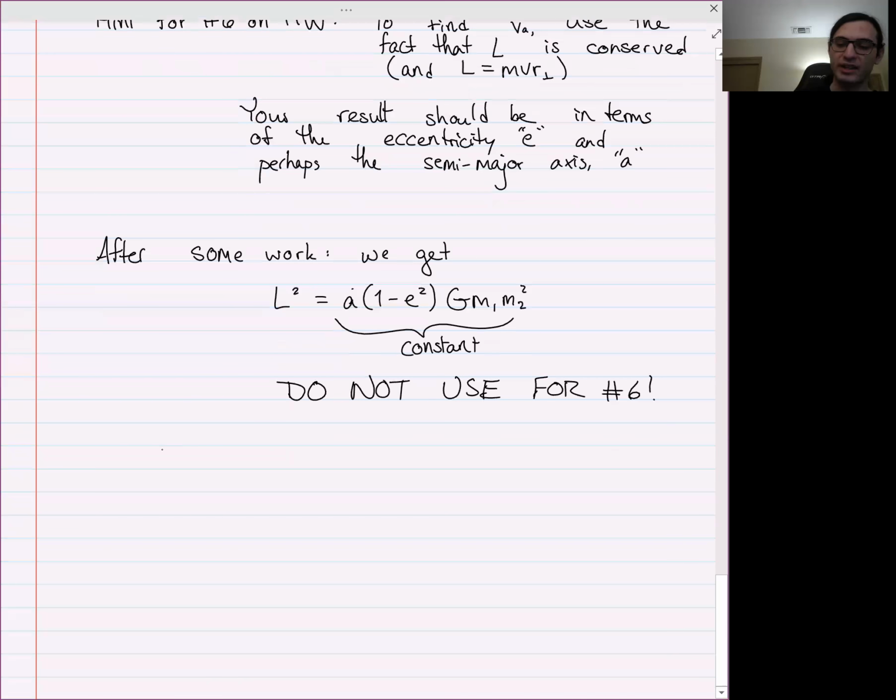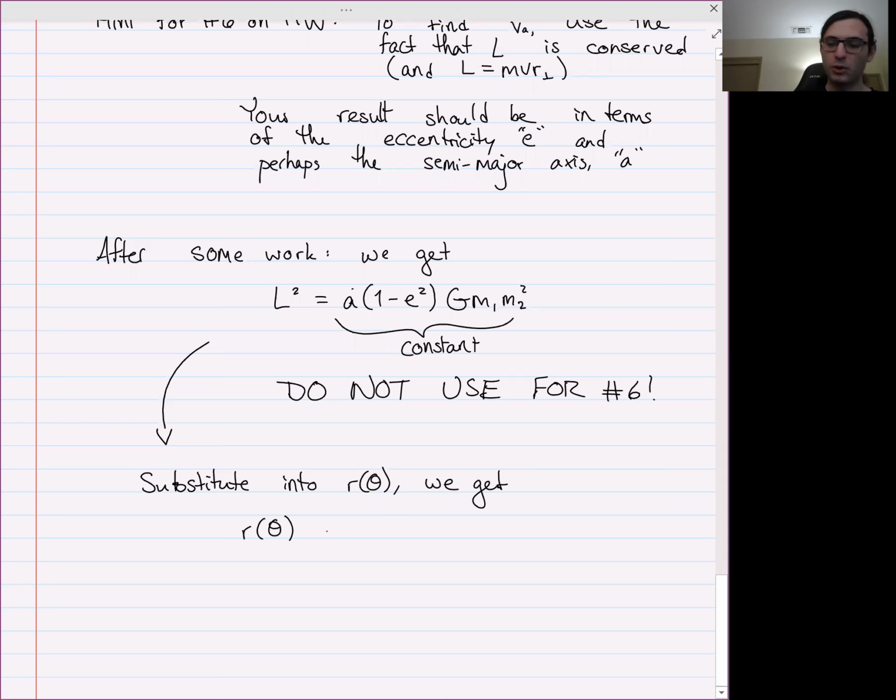However, we can take this fact and substitute it into the original formula for r of theta. This is the one I gave you last week on Wednesday. We get the formula r of theta equals L squared over G. I'm going to use capital M for the source.